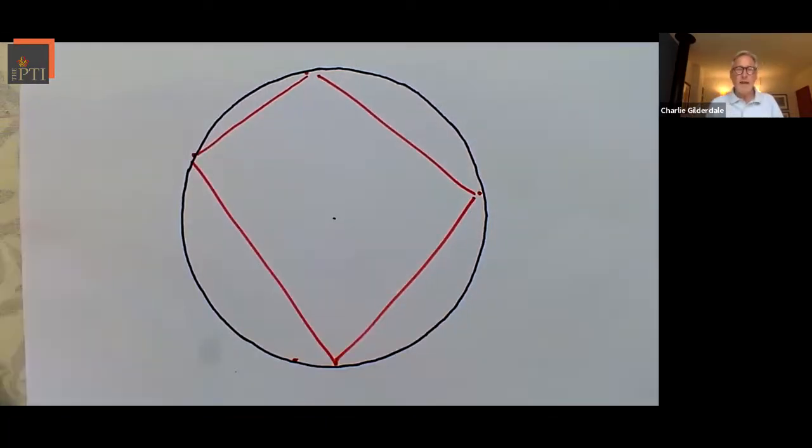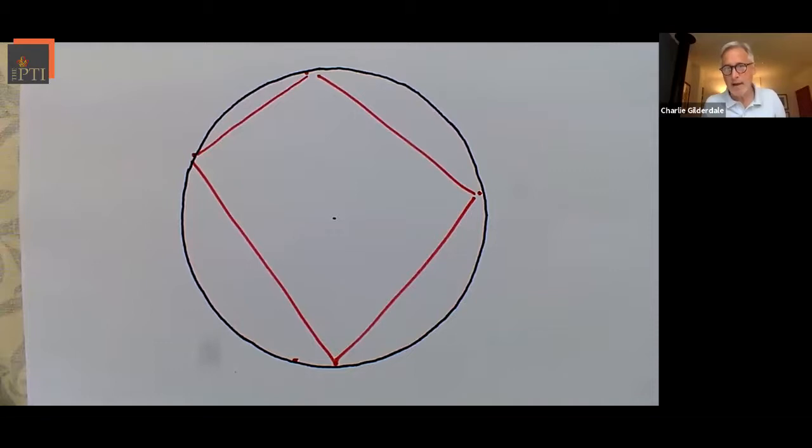And the question is, do the opposite angles of this cyclic quadrilateral add up to 180 degrees? And there is a very nice proof, but students working on this may find it a little bit difficult without sort of nudging them in the right direction.